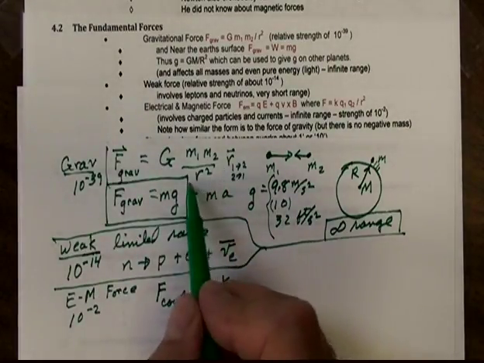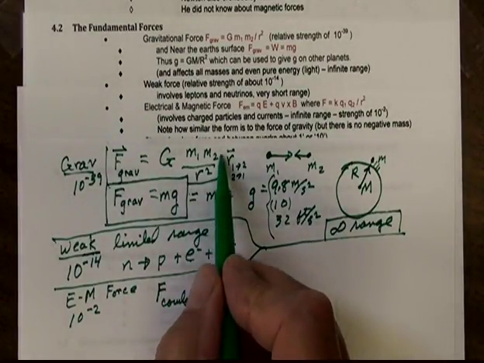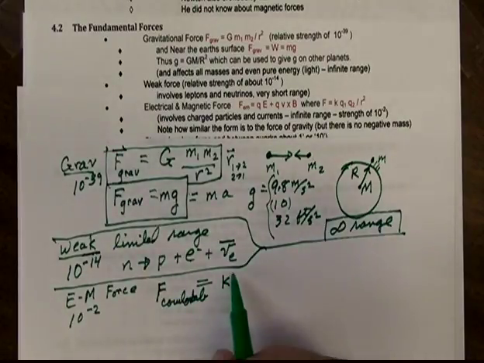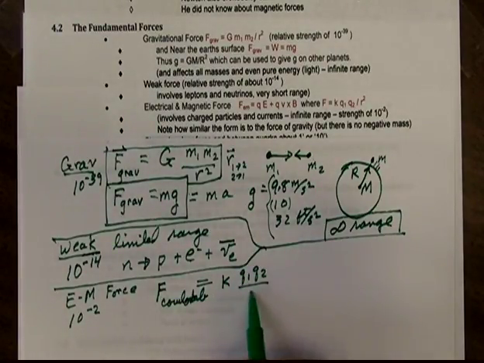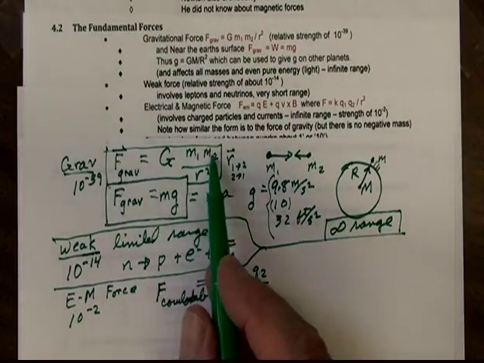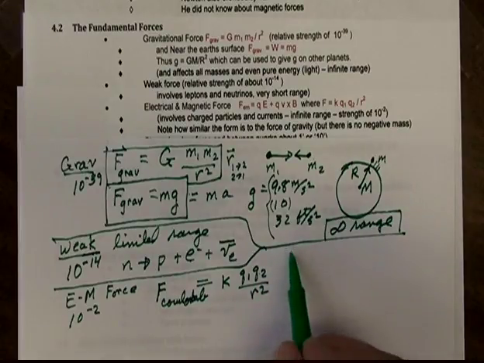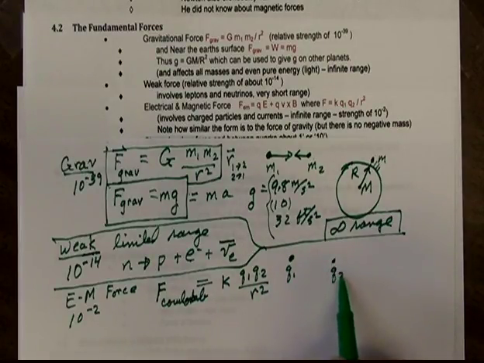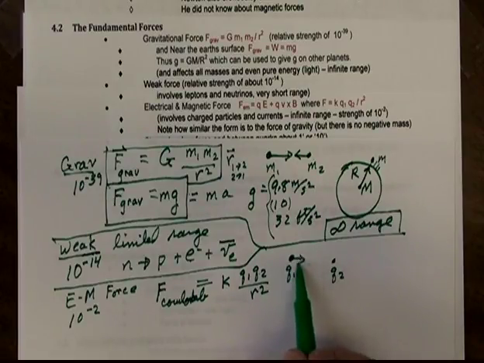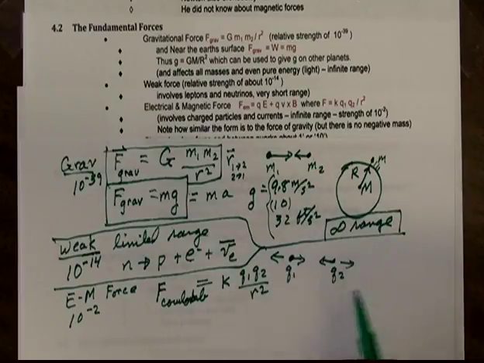I probably should put a box around this. K times the charge of the first particle, charge of the second, divided by the distance between them squared. Here, charge, electrical charge, plays the role of masses. So if I have two charges, Q1 and Q2, then they can attract one another or they can repel one another. When do they do which?